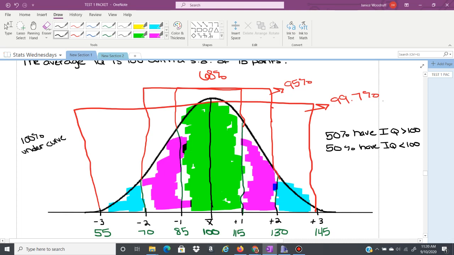If this is encompassing 99.7% of the curve, then I've got 0.3 that are outside of these numbers. So if I split that between having an IQ less than 55 and greater than 145, I do 0.3 divided by 2.